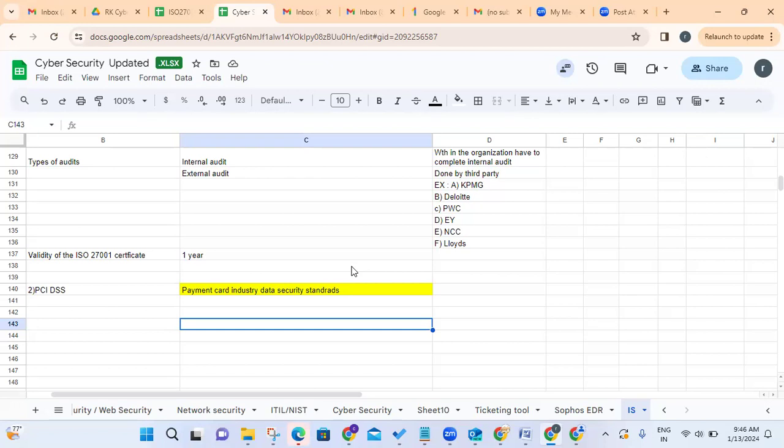Example, maybe Ola cab is accepting payment through debit card and credit card. Now Ola company has to complete the PCI DSS certificate. Then only trustworthiness will be there. Why? Because we are putting our debit card and credit card data in the Ola app.